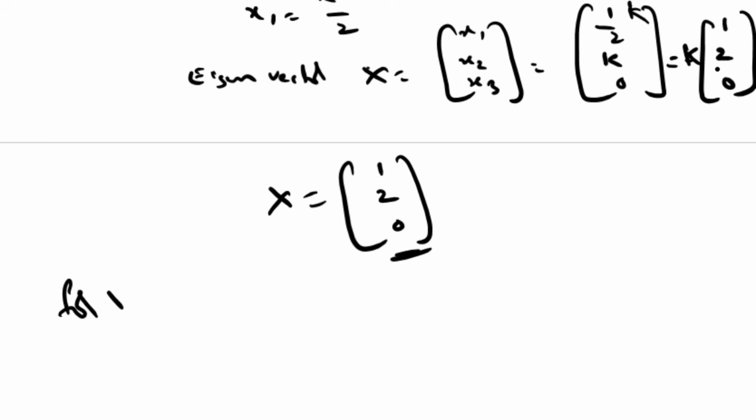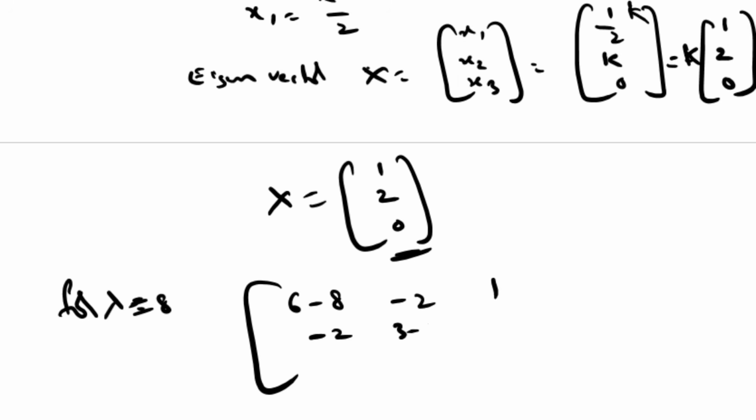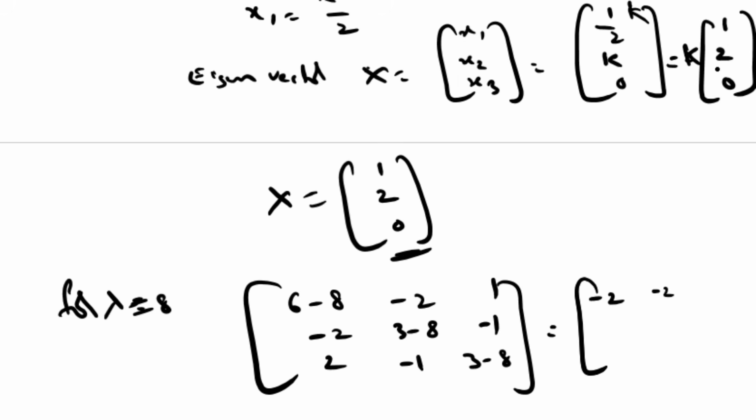For lambda equals to 8, 6 minus 8, minus 2, 1 minus 2, 3 minus 8, minus 1, 2 minus 1, 3 minus 8 is equal to minus 2 minus 2 1; minus 2 minus 5 1; minus 1 2 minus 1 minus 5.